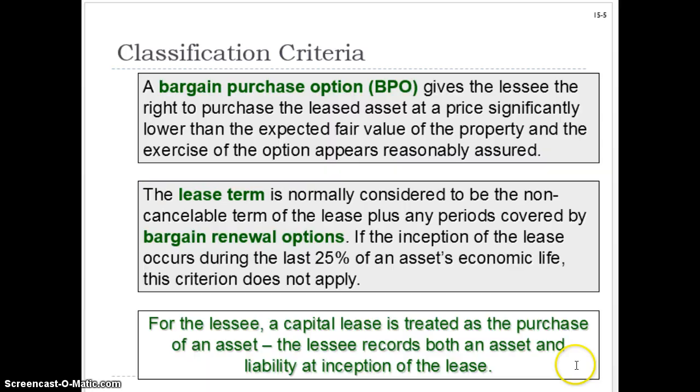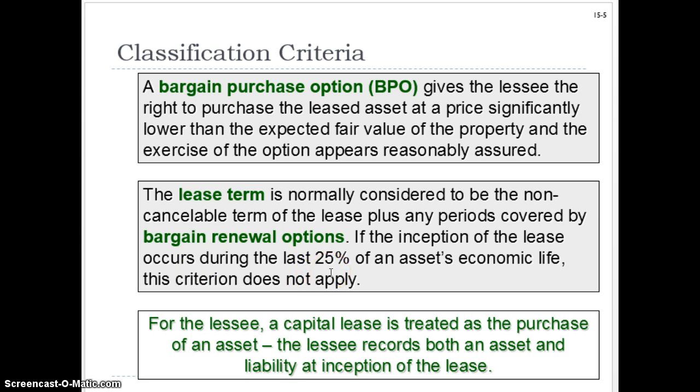Okay. This slide just gives you a little bit more information on a bargain purchase option. The one thing I wanted to note in here is that if the inception of the lease, the beginning of it, is actually during the last 25% of the asset's economic life, then we don't use this criteria.